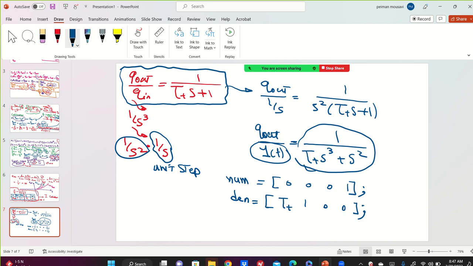Third order system. For example, I'm going to stick to tau T is 2. Clear everybody? Yes? Okay, now let me go to MATLAB.